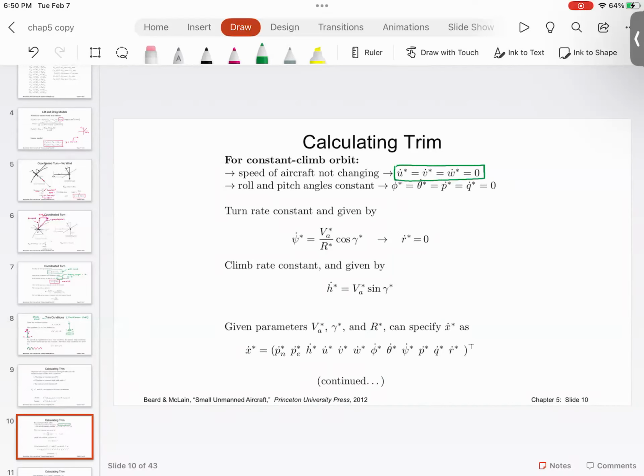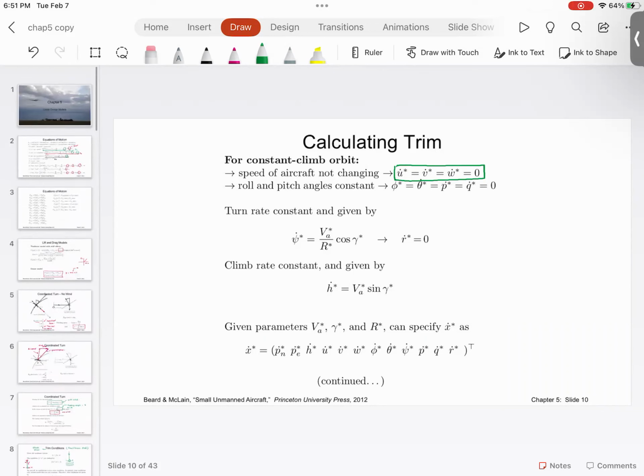What it means, so u, v, and w dots are the accelerations: acceleration about x, acceleration about y, and acceleration about z is equal to 0. Everyone understood this? That is going to be my state. How does this condition reflect into this equation?